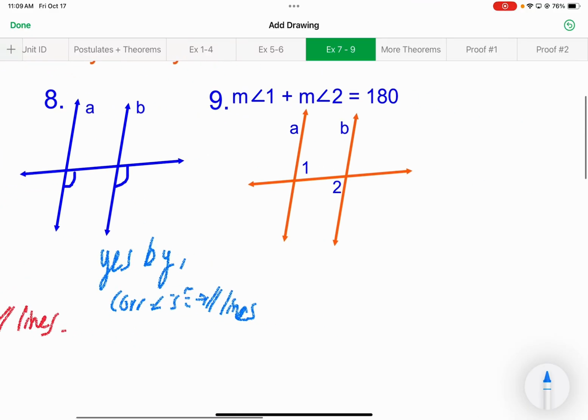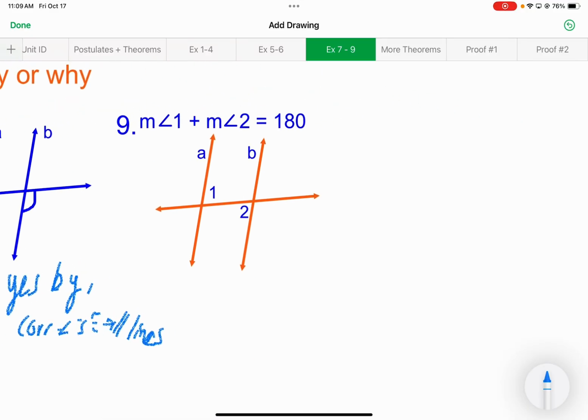Nice. Ryan, let's look at number 9. What type of angles are number 9? Alternate interior. Does it say those alternate interior angles are congruent? No. So do I have enough to prove those lines parallel? No.